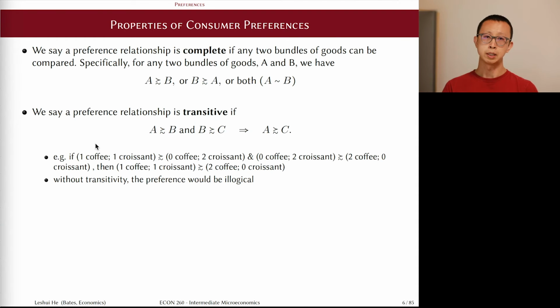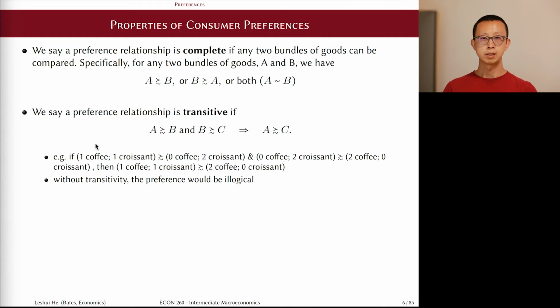The second property is called transitivity. We say a preference relationship is transitive if for any three different bundles of goods, A, B, and C, if A is preferred to B and B is preferred to C, then it must be true that A is preferred to C. And this is really the part of the property that gives us a very logical structure to the preferences.